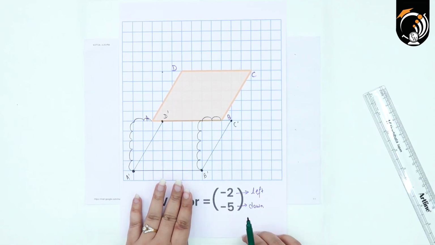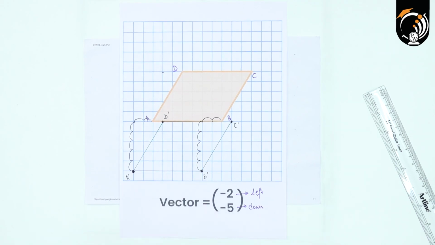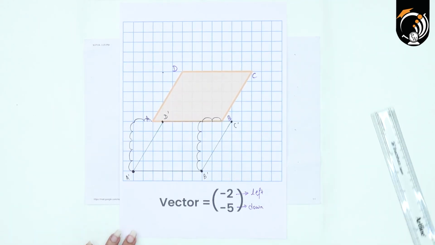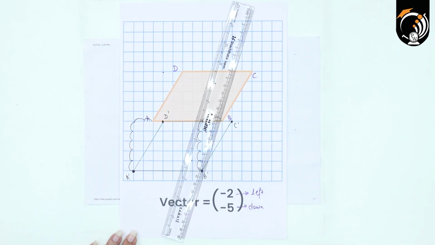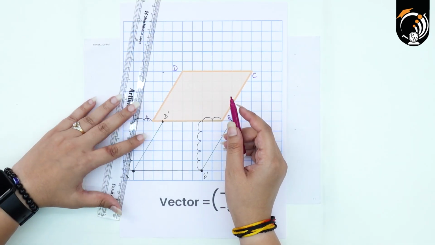So this is what we are going to get as the resulting figure after sliding. Later on, if we want, we can show the arrows as well, which show the sliding. So let's just make them.